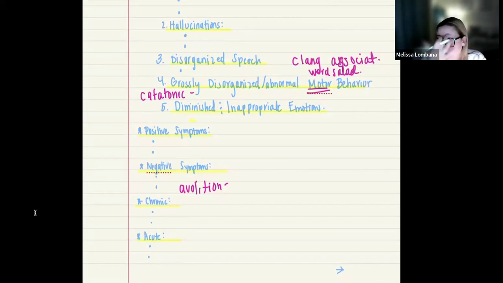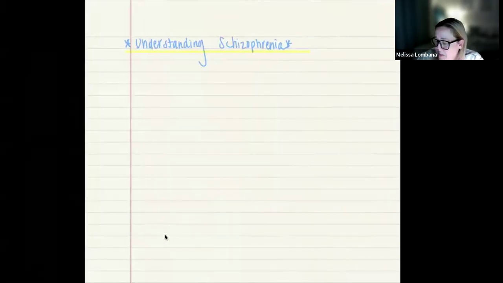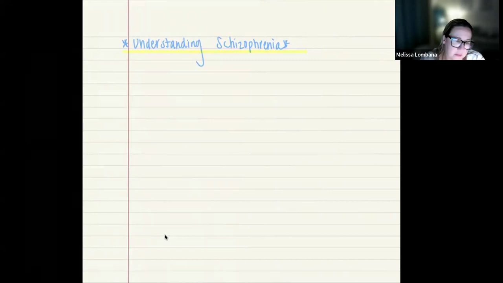And many times recovery for chronic is very difficult. Okay. And then acute schizophrenia, this one typically develops quickly. Sometimes it's triggered because of life stresses. And then recovery is obviously more likely. This is typically positive symptoms, okay? And they'll typically use drug therapy, okay? And we'll talk about the different forms of therapy.